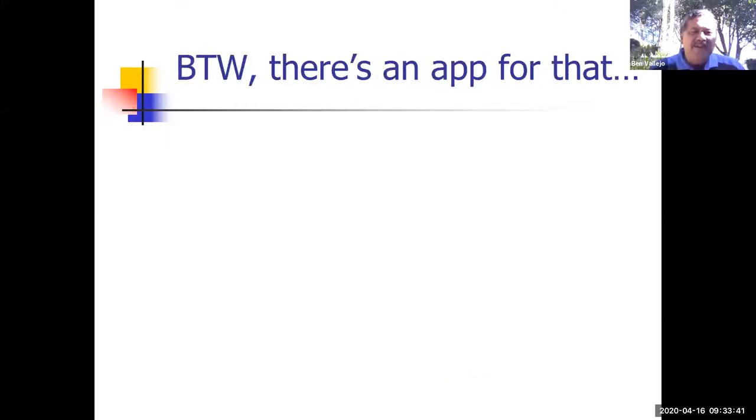And before we take a look at the dichotomous key, let me remind you, for those of you who are doing the herbarium specimen project, there's an app that you can get on your phone to help you classify all the different trees that we have here in the United States. It's written for the eastern United States, but since most of those plants have come over the last 100 years, 200 years of settlers coming west, well, there's a lot of trees that originally were on the East Coast that are now over here.